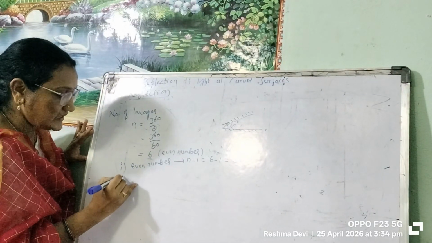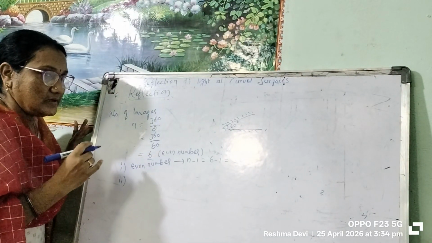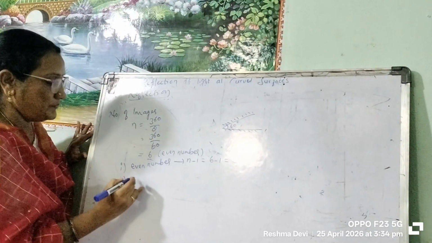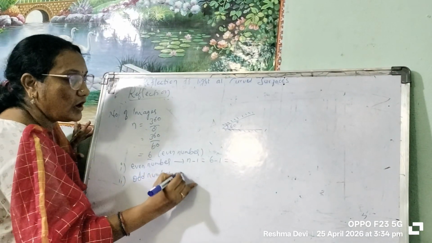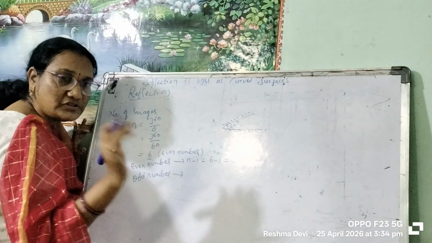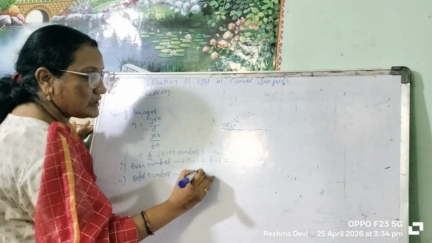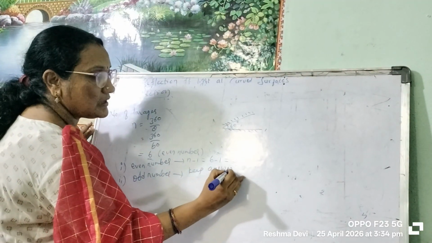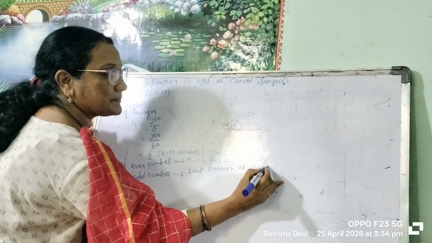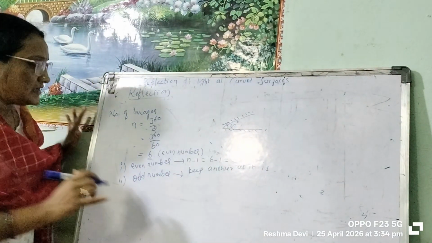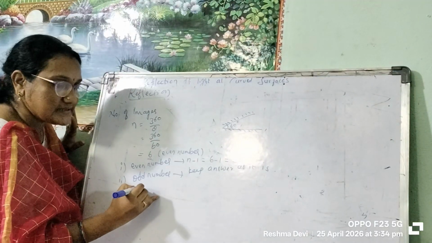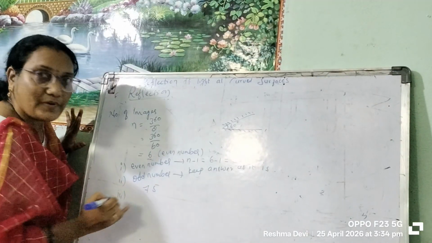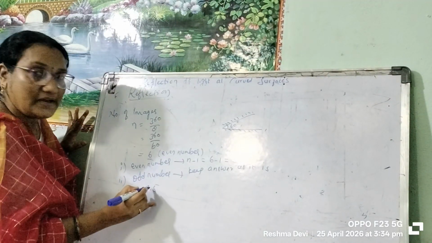Now the second thing: sometimes we may get an odd number. If you get an odd number, then don't change the answer. Keep the answer as it is. Sometimes you may get an answer as, for example, 7.5, a decimal number.